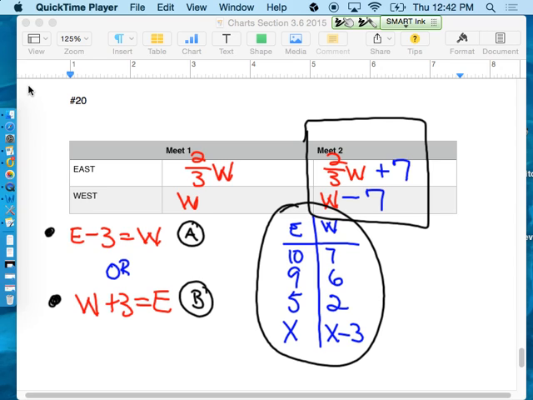But when I'm setting up my model for solving, I do need to make sure that I'm truly setting up 2 expressions that are equal to each other. And I will let you take that from there on your own.